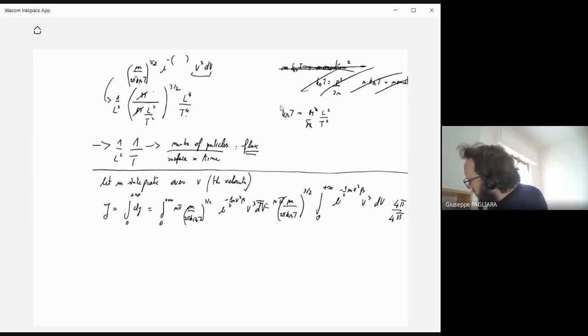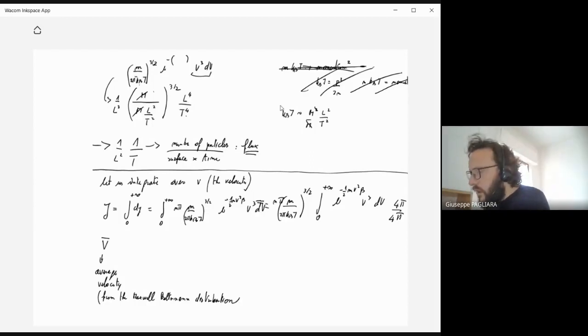The thing is that if I introduce the average v, so the average velocity, from the Maxwell-Boltzmann distribution, this average velocity should be something like this.